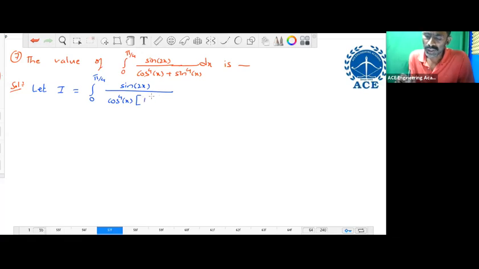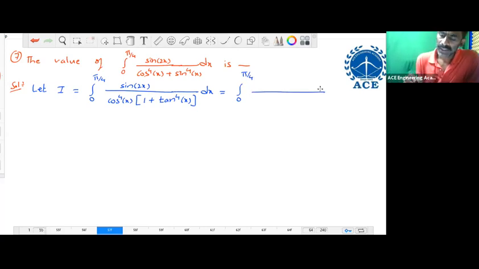Inside the brackets, 1 plus sine power 4 by cos power 4, that becomes tan power 4. Like this, this is equal to the integral from 0 to pi by 4. Now we can write this sine 2x as 2 sine x into cos x.